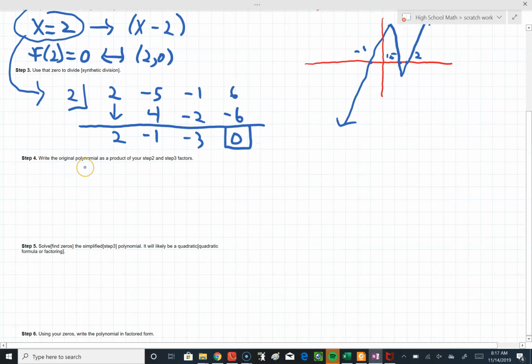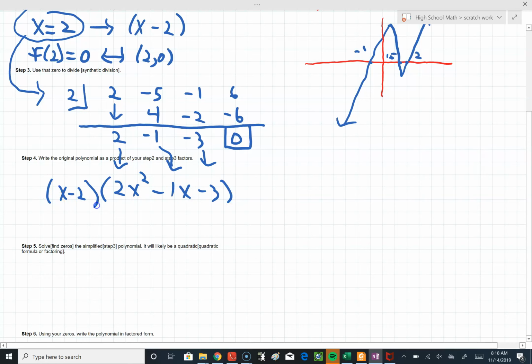Step 3. Write the original polynomial as a product of your step 2 and step 3 factors. We knew this was going to be a 0, but the key is this is the new polynomial when we divide. This 2 is really 2x squared. This minus 1 is minus 1x. This minus 3 is just minus 3. This thing times the step 2 factor, which is x minus 2, is our original f of x.